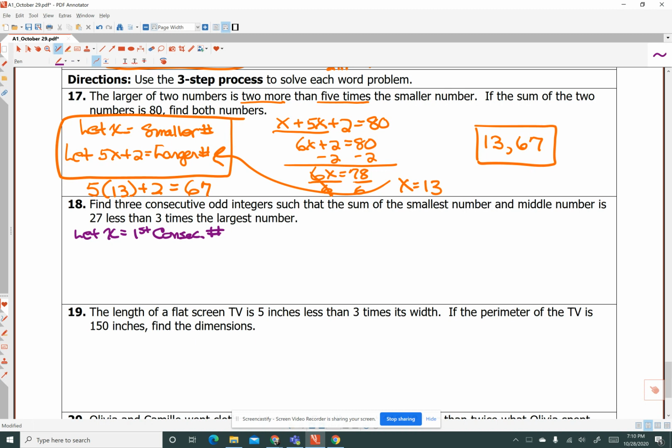Then we'll let x plus 2, because they're odd integers. So 1, 3, 5, 7, 9. We skip 2 numbers. So let x plus 2 equal the second consecutive integer. And then we'll let x plus 4 equal the third.